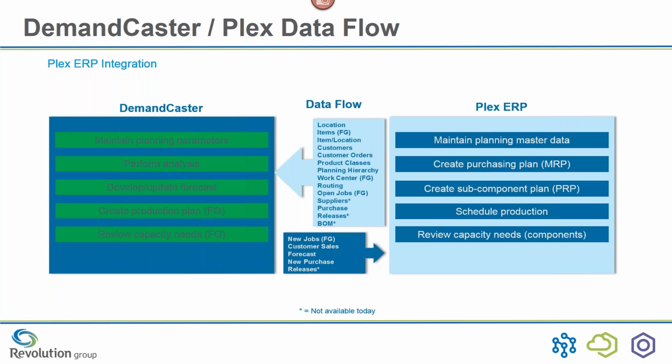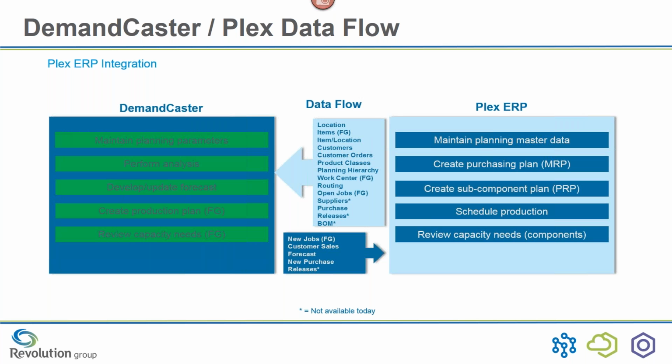As far as the data flow goes, this is a little more complex, but just as an example, if you look at that middle box, the light blue ones, these are the things that are pulling out of Plex and straight into DemandCaster. So things like your locations, your product numbers and names, where they're located and how much you have in inventory, all your customers and your customer orders, your product groups, work center information, your routing information, any open jobs that are out there, and suppliers.